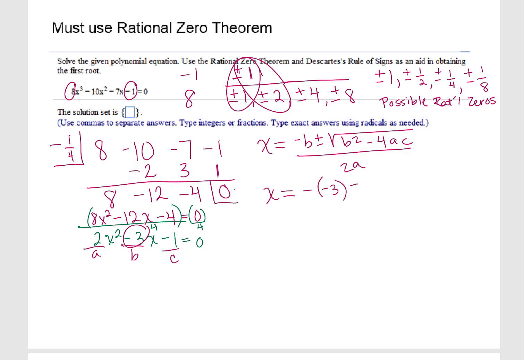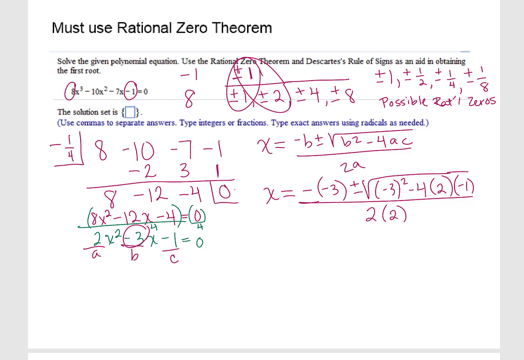A lot of times people will write the negative for the negative b in the formula, and then they'll leave out the negative for the actual value. Plus or minus the square root of negative 3 squared minus 4 times 2 times negative 1, that's my a and my c, all over 2 times a.